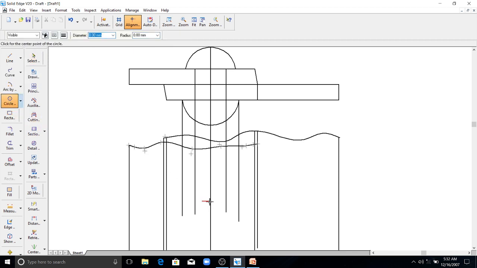First circle is the diameter of the shank. Next circle is the diameter of the head.